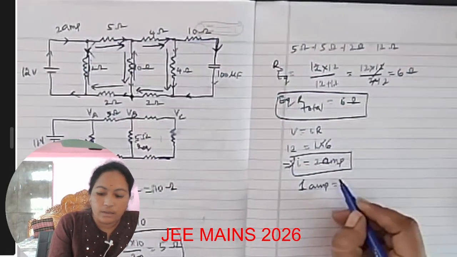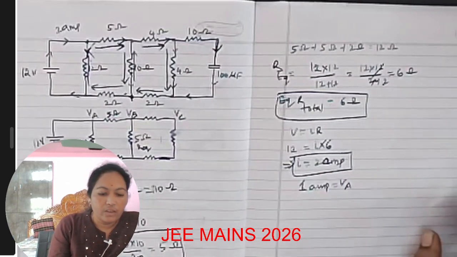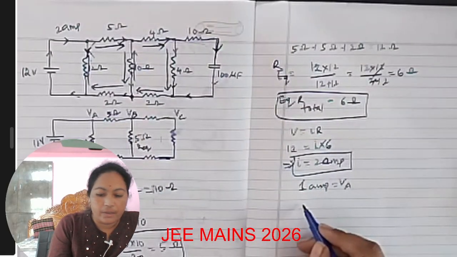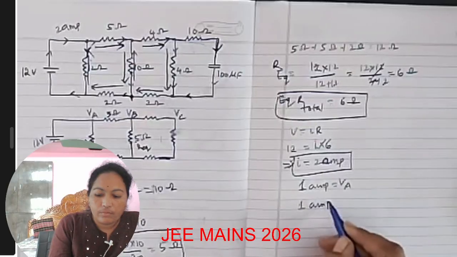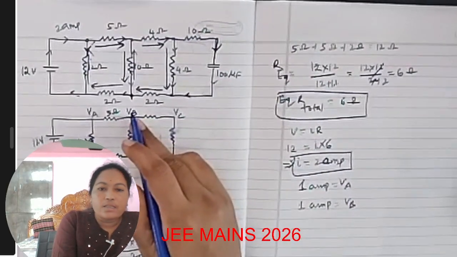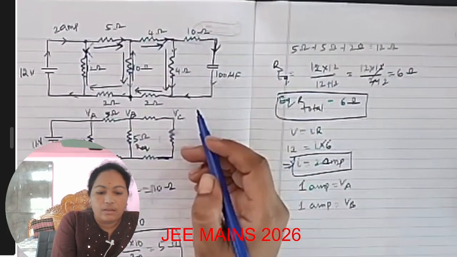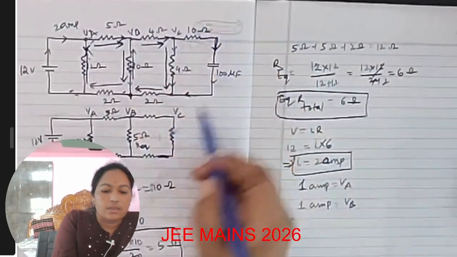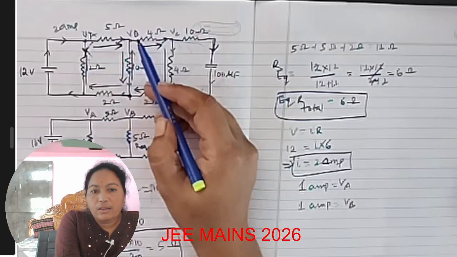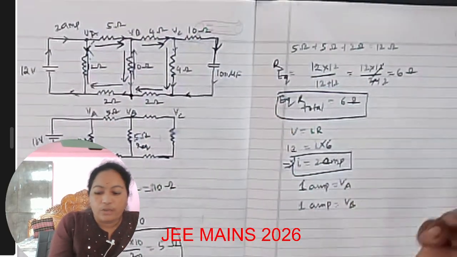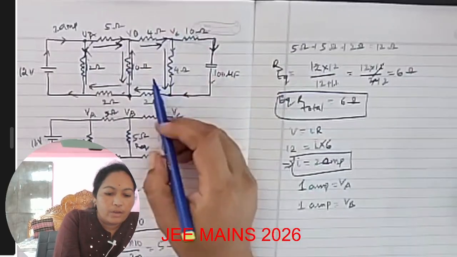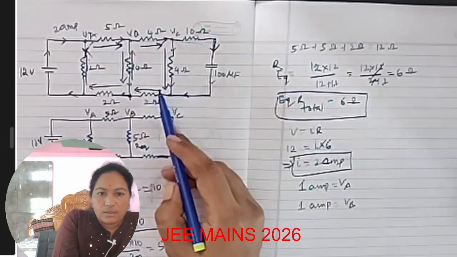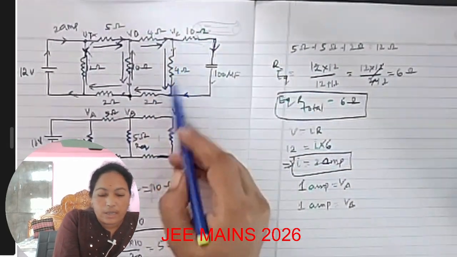1 ampere at VA, and 1 ampere at VB. Again this VB divides into two equal parts, because all these three resistors have an equivalent resistance of 10 ohms, and the other branch is also 10 ohms.